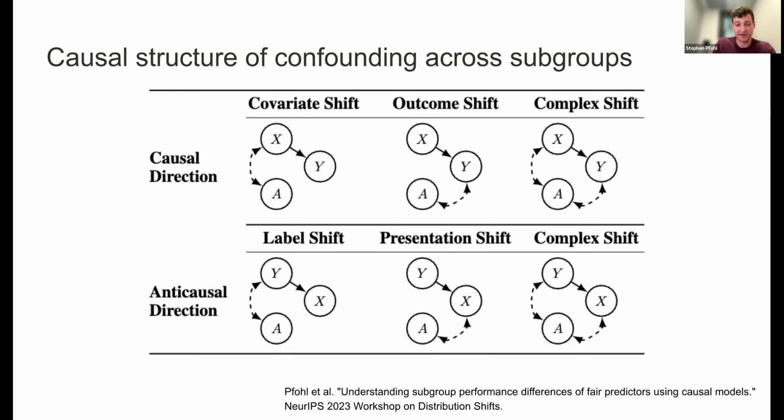And then the presentation shift setting is the other side of this, which is to say that we're assuming the presentation of the condition would change across groups. You could think of this as maybe a case where there's some systematic difference in the different scanners being used to measure the chest X-ray across groups, which could be due to confounding with the hospitals that folks are going to.